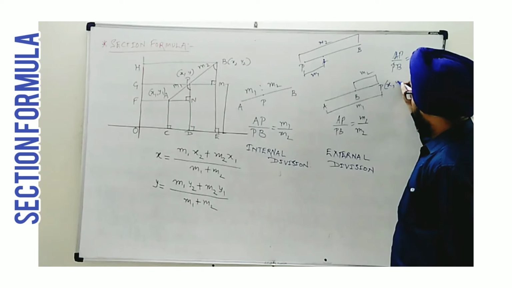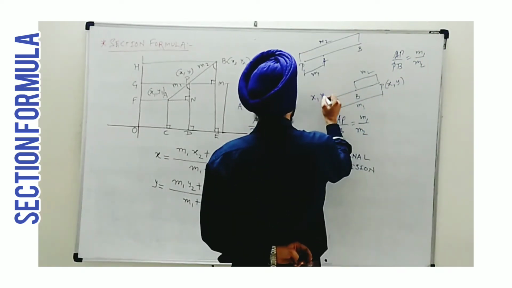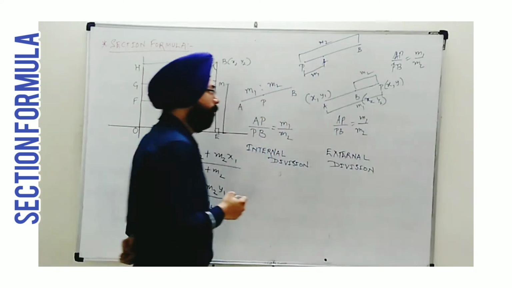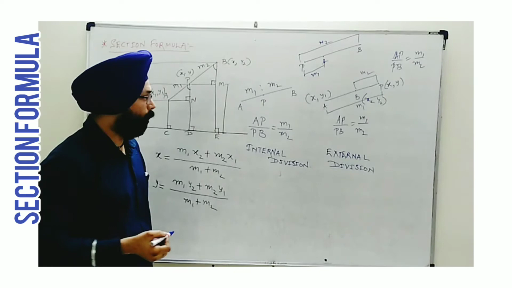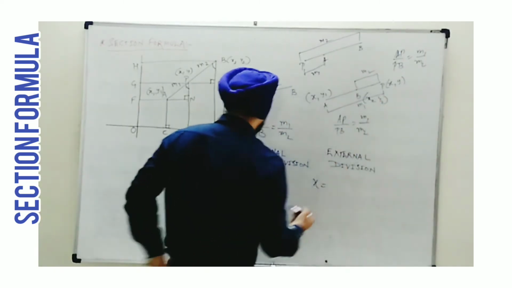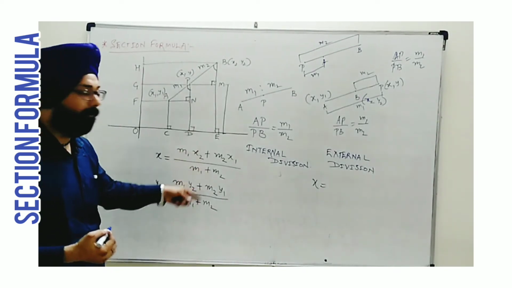If I consider P coordinates as x and y, coordinates of point A as x1 y1, coordinates of B as x2 y2, ratio as it is M1 and M2, then x can be written as in this formula. The only thing we have to change is to replace the plus sign by a minus sign.